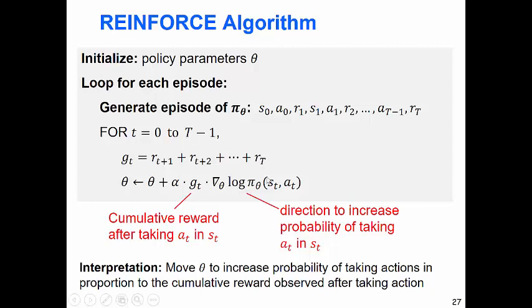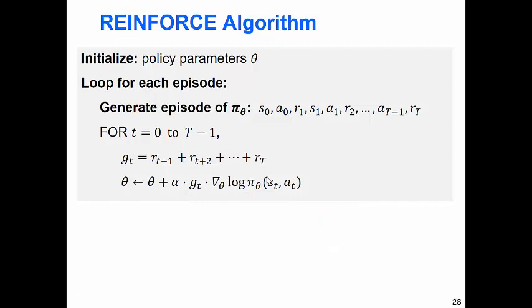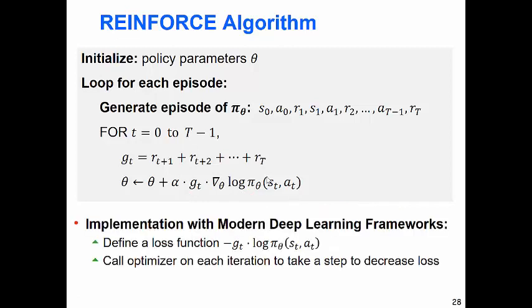All right, so let's look at REINFORCE. Here's how you would implement it in a modern deep learning framework. You're not going to have to do this explicitly yourself. What you'll do is define a loss function at each step, minus Gt log of this, and then you'll run your optimizer step on it.